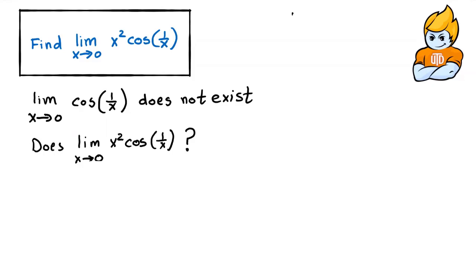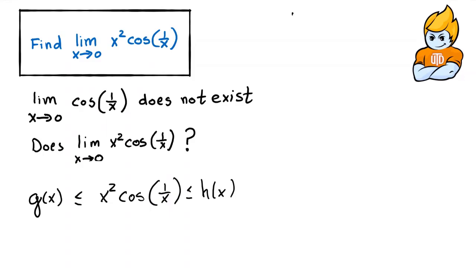And to use the Squeeze Theorem, we need to find two functions, say g and h, so that our function is between them near 0. But this time we have to find these functions ourselves, this g and h. So where do we even start?